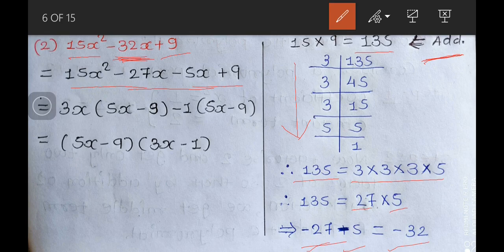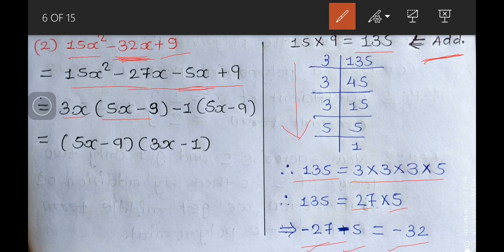In the first group we can find 3x as a common factor. So we extract 3x from 15x square minus 27x. So here the remaining part is 5x and minus 9. Now here we must see the sign of the first term in the second group.